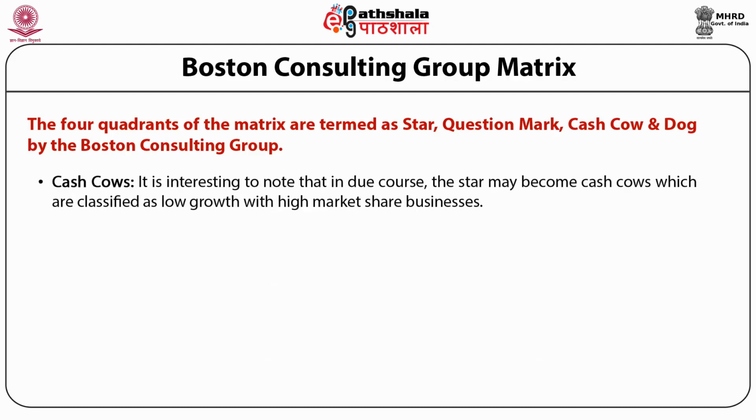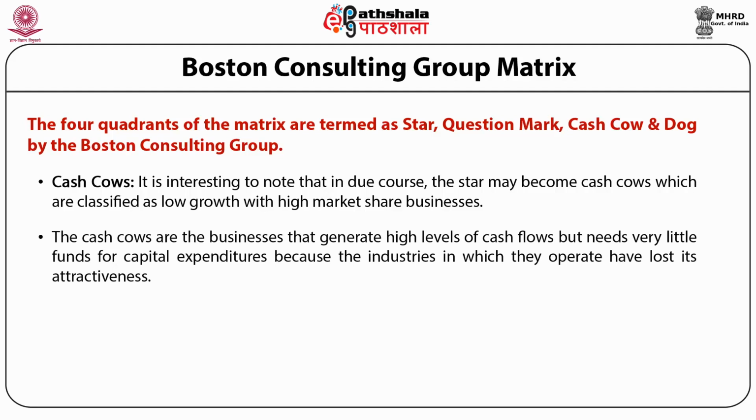Cash cows. It is interesting to note that in due course, the stars may become cash cows, which are classified as low growth with high market share businesses. The cash cows are the businesses that generate high levels of cash flows but need very little fund for capital expenditures because industries in which they operate have lost their attractiveness.